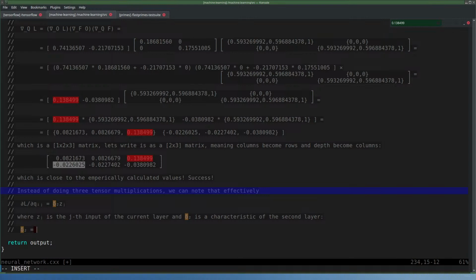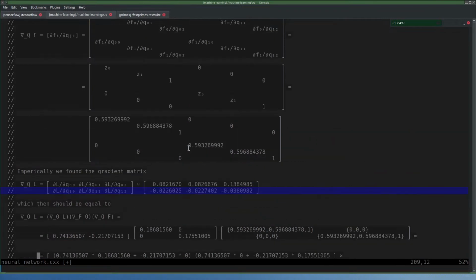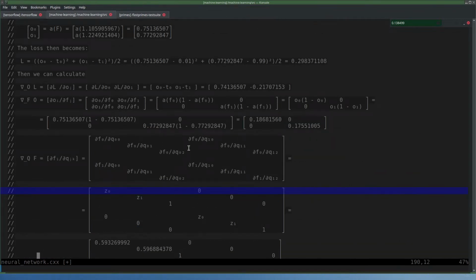I don't know which indexes anymore, but let's begin with it's that output minus a target.